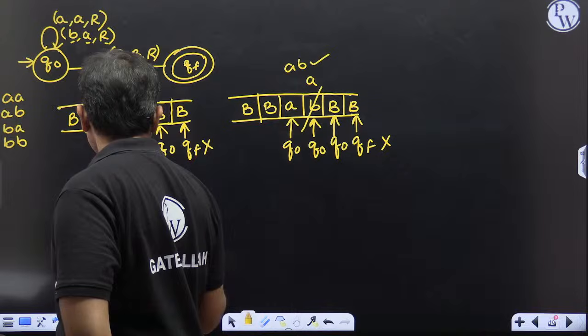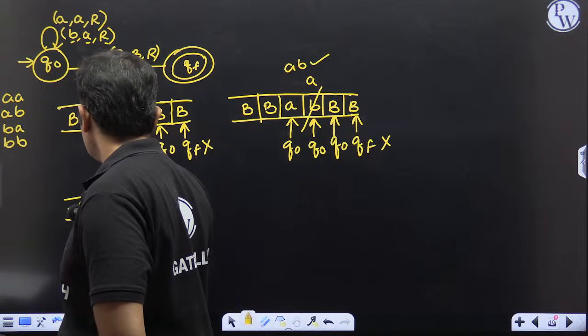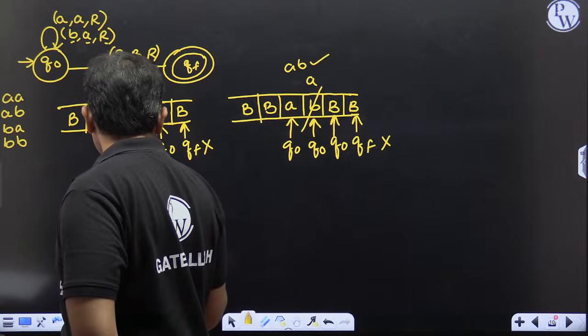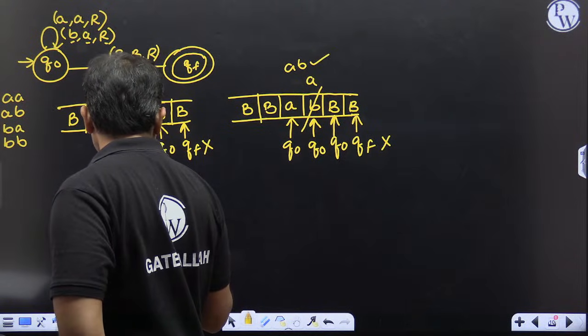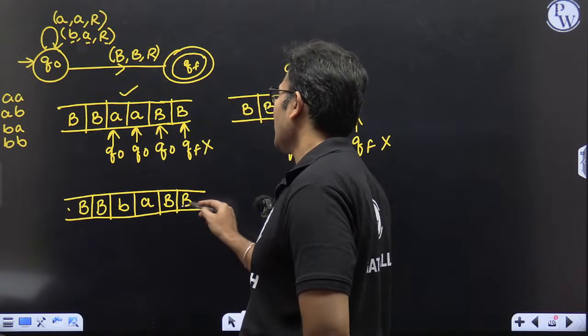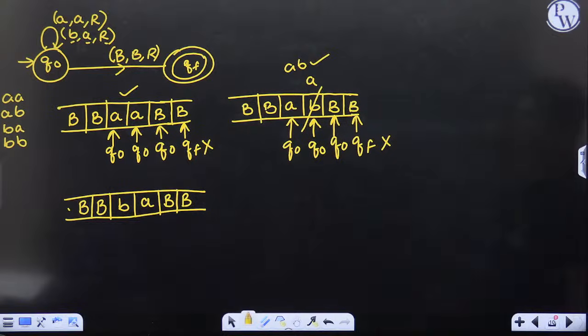So let us check for BA. Blank, blank, B, A, blank, blank.